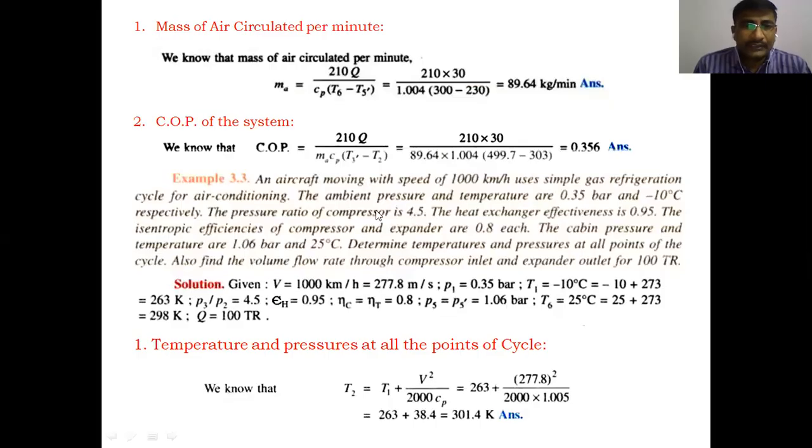Let us go for the third problem on the simple air cooling system. Here, an aircraft moving with a speed of 1000 kilometers per hour, the aircraft velocity is given, uses simple gas refrigeration cycle for air conditioning.